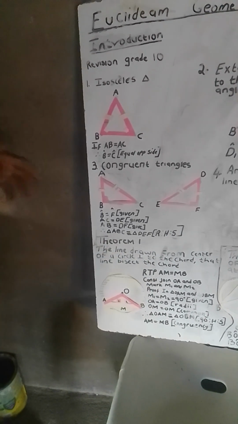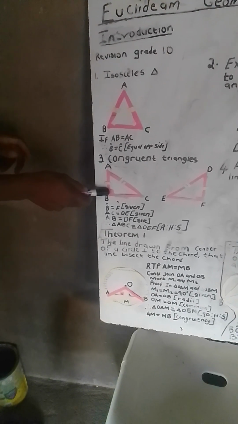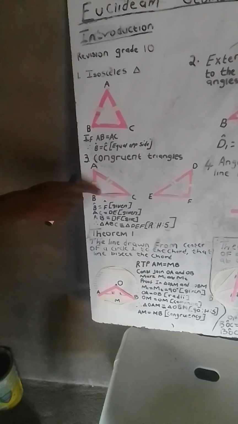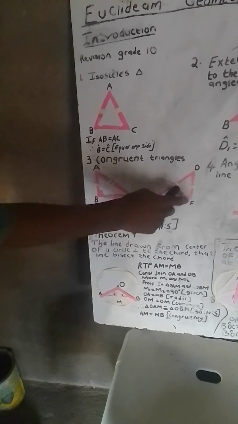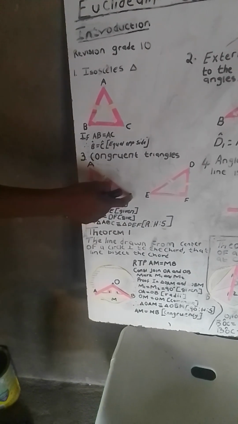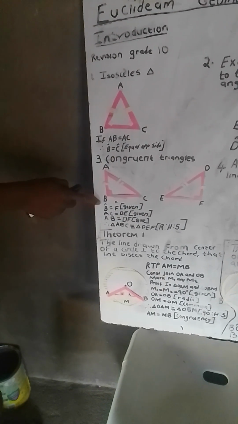In these two triangles, we are given that B is equal to 90 degrees and F is 90 degrees as indicated by this rectangle. Okay, B is 90 and F is 90.